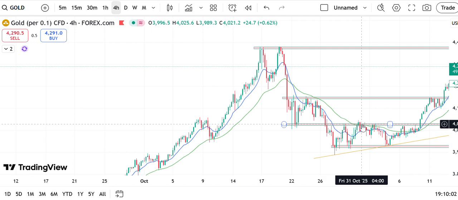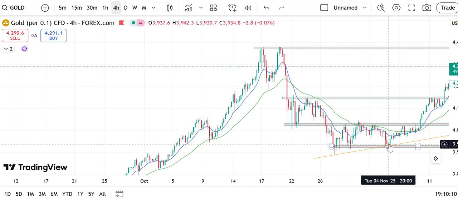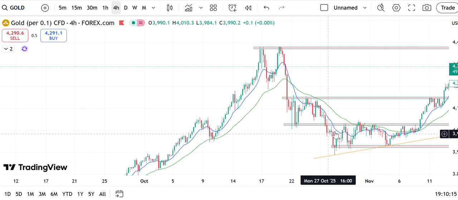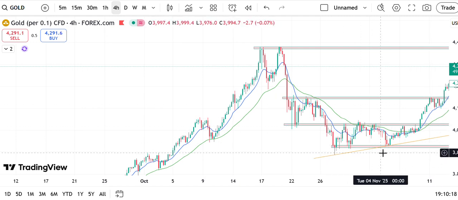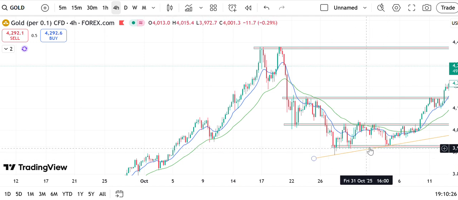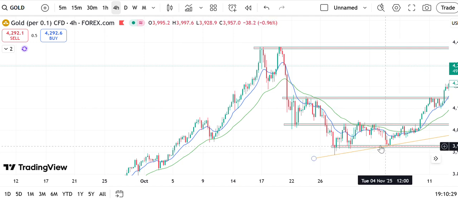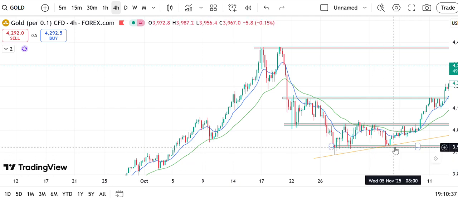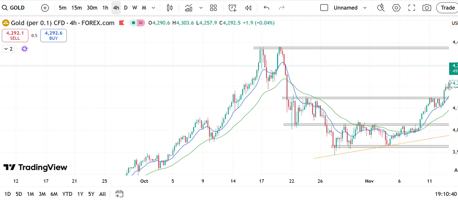When it touches the first time, you see it reversed at this level, came back and touched it again, and it went above. That shows this trend line is very strong. So if the market comes close to this line again, there is a high probability that the market is going to obey it.